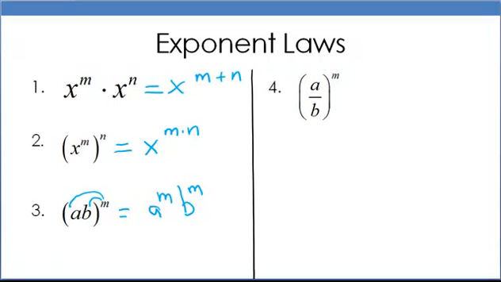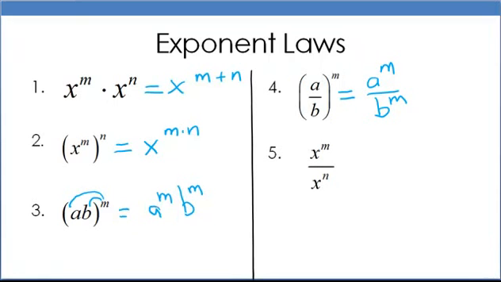Our fourth rule was a fraction of different bases to a power, or a quotient to a power. And we will take the outside exponent with the numerator and with the denominator to make two small problems instead of one large problem.